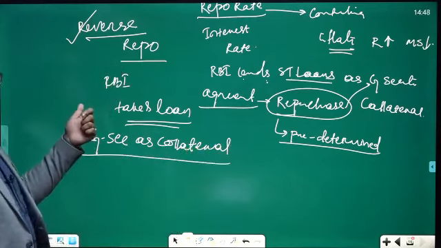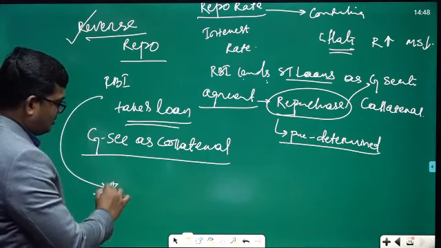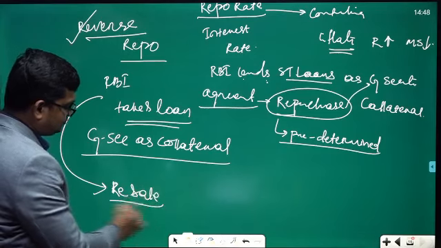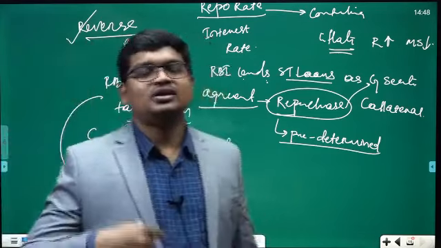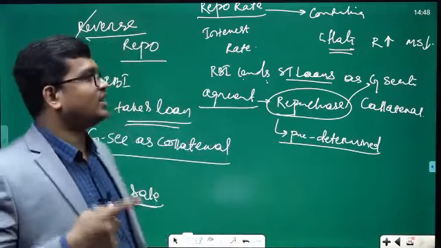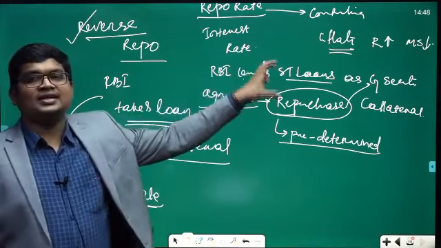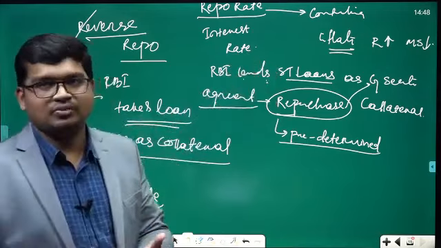Here also, it has been guaranteed for the resale by the RBI. That's why it is also known as your reverse repo rate. So simply you can remember, in case of repo rate, commercial banks take loans from the RBI.